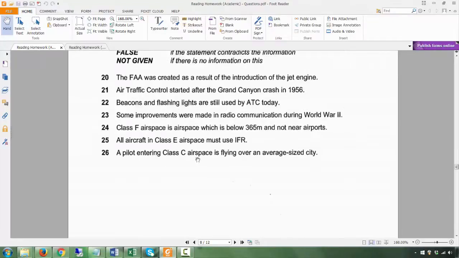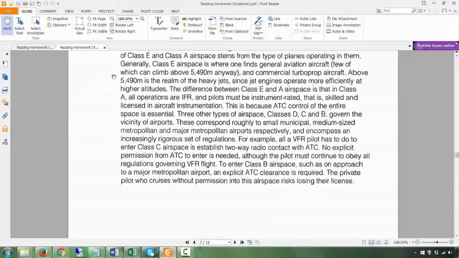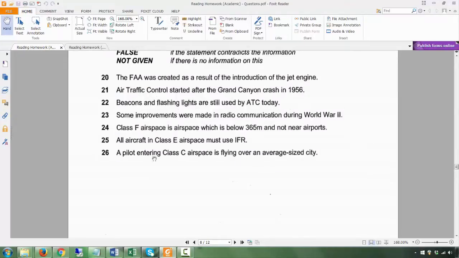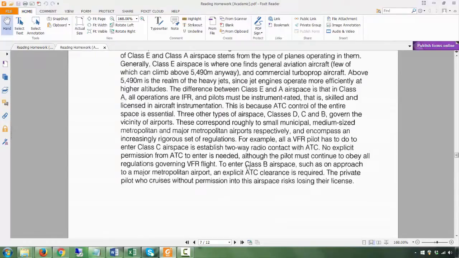A pilot entering Class C airspace is flying over an average size city. So is the answer here, right below the answer to question 25? The answer here is true.